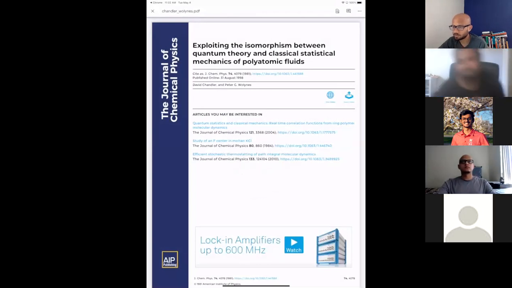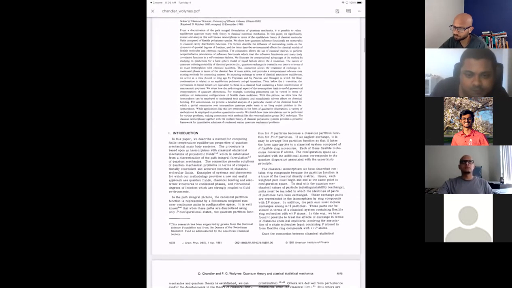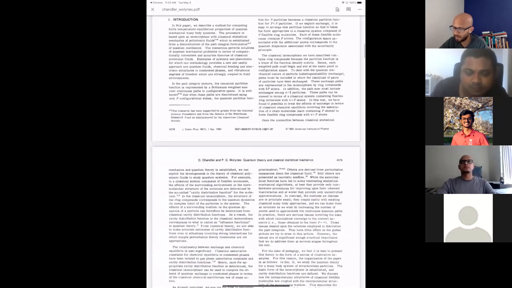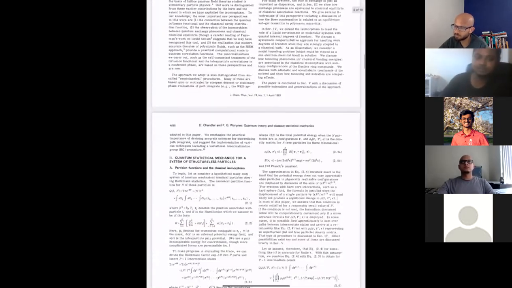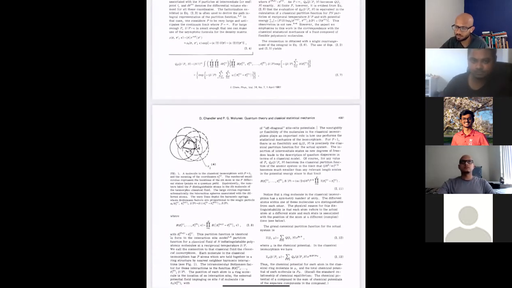This paper goes to those of you who like quantum mechanics. This is really a practical application of Feynman's path integral formalism to map a quantum system into a classical system. So the idea is that any quantum system can be mapped into copies, many classical particles interacting together through springs, and there is an isomorphism which becomes exact as you increase the number of classical particles.